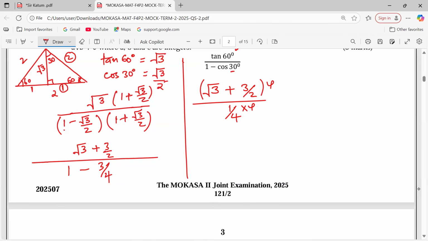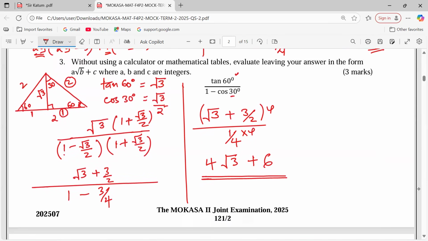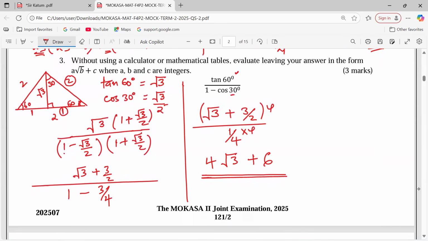We'll be having 1 on the denominator, so that this becomes 4 the root of 3 plus, when we multiply 3 over 2 by 4, the 2 cancels, and we will get 6. According to the format of the above question, we are through. We have given it in the format that they needed.